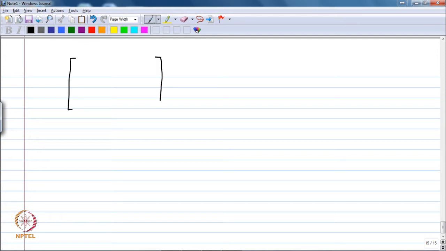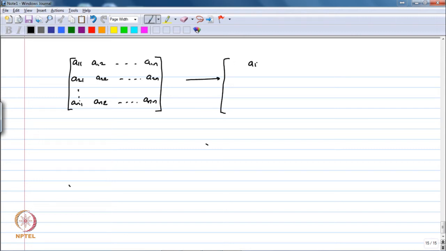For example, if I take this matrix, let us say this is A11, A12 up to A1n, A21, A22 up to A2n and so on. And I shift everything to the right by 1. So I put A11 here, A1n minus 1, and I take A1n and put it here.